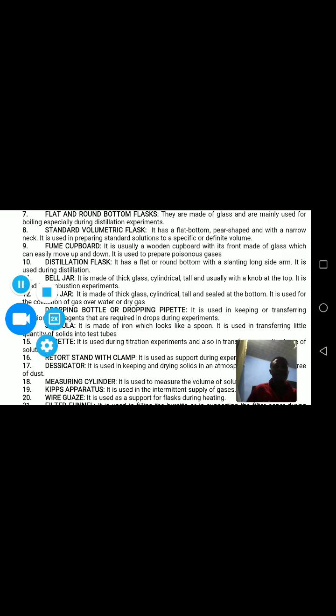All right. The next one here is the distillation flask.